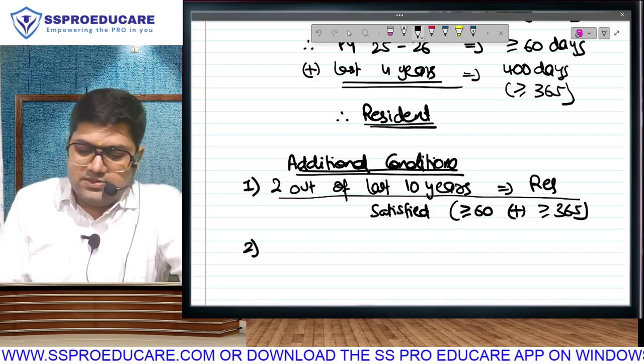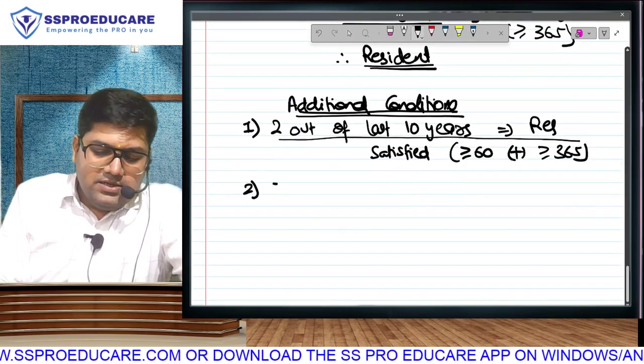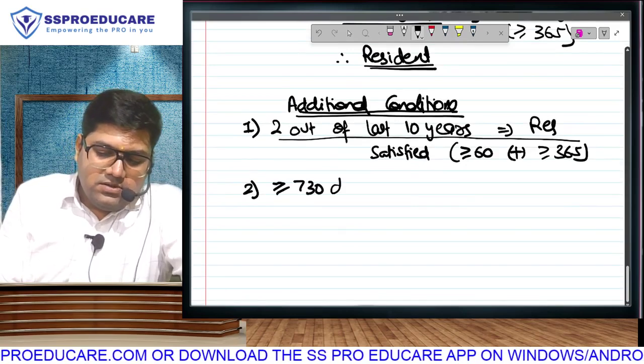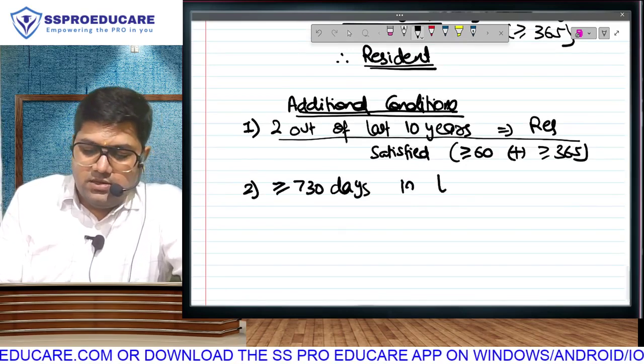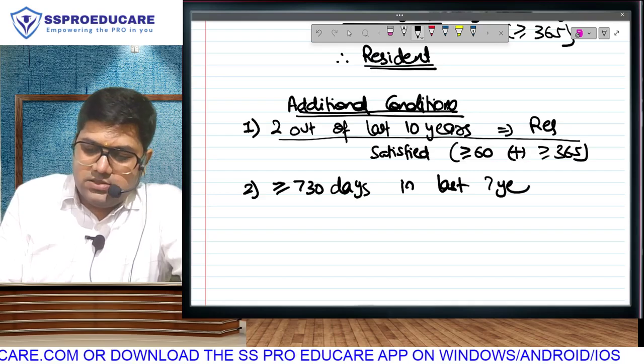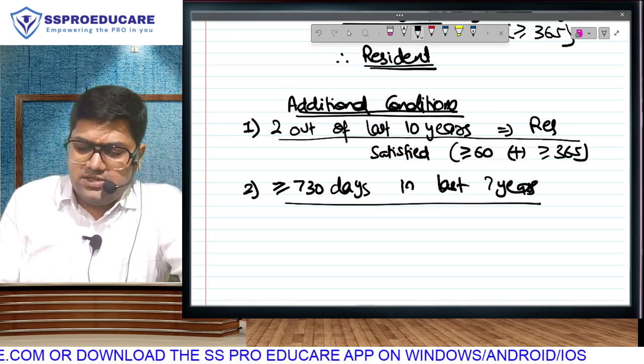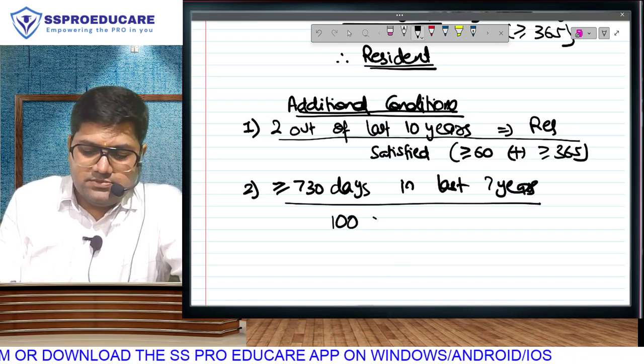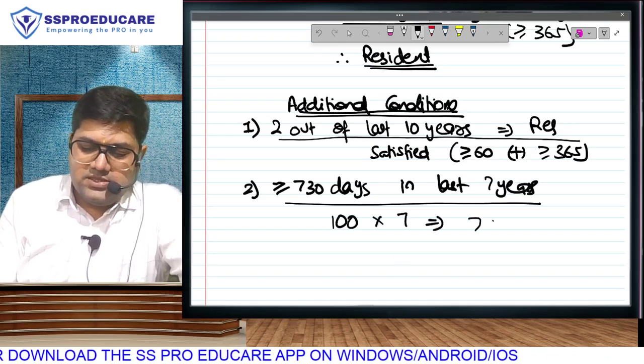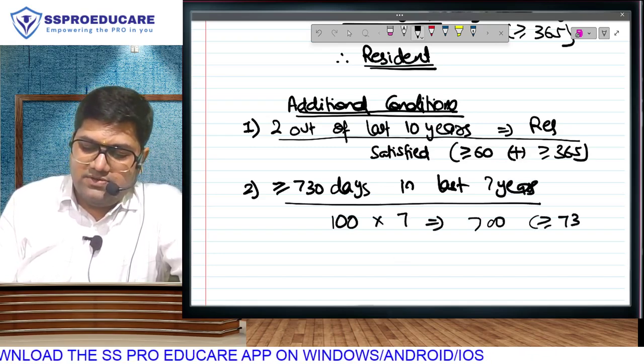And what is the second condition? Greater than or equal to 730 days in the last 7 years. What is his stay in India? 700, which is not greater than or equal to 730.